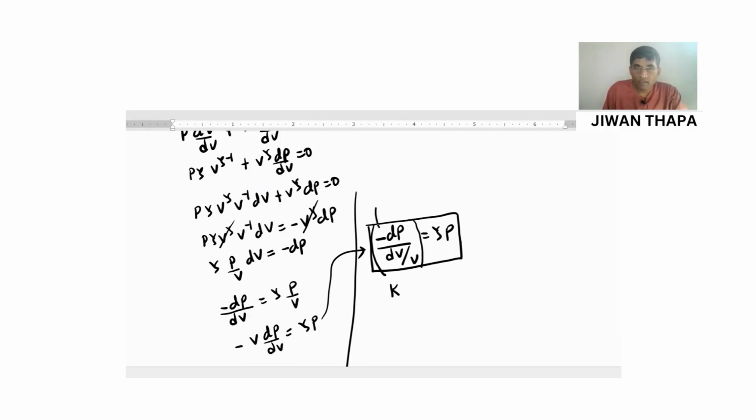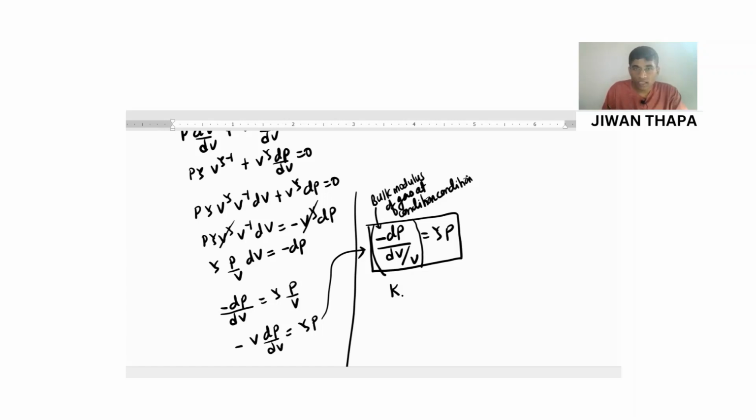This gives the bulk modulus of gas at adiabatic condition.